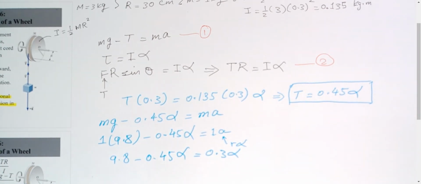TR is equal I alpha. Nothing wrong here. Why I took tension, not mg. We'll revise the previous problems.